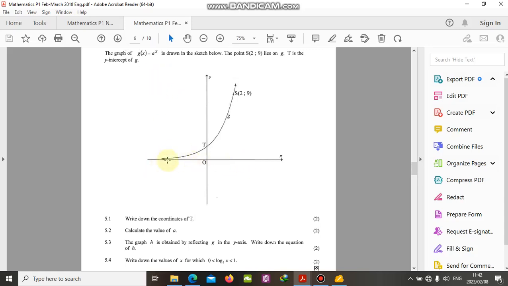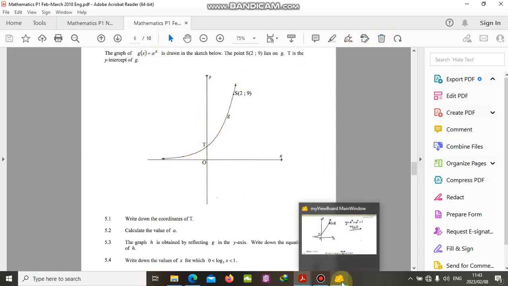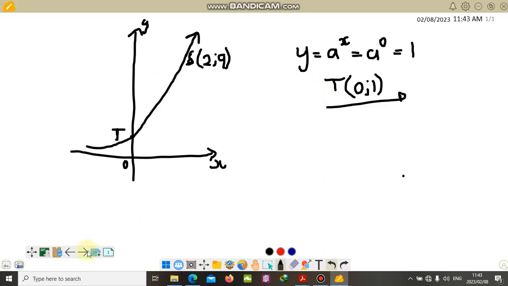Because the graph is above the x-axis. So a is positive. If the graph was below the x-axis somewhere, it would be negative.